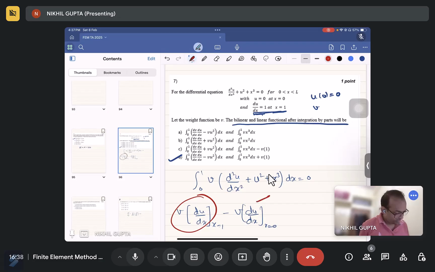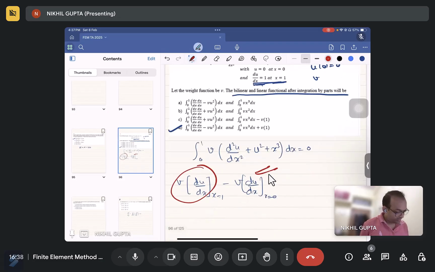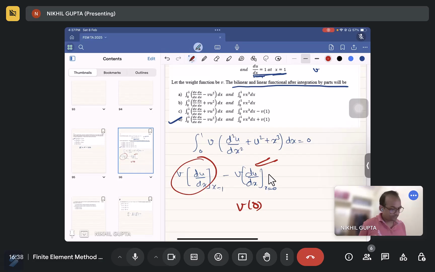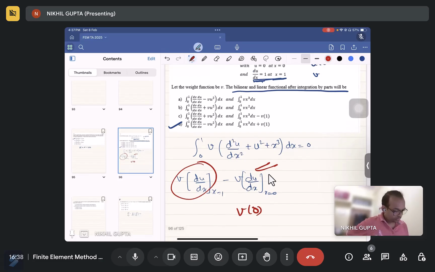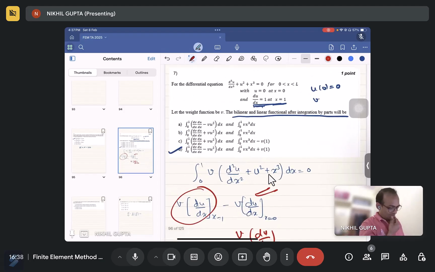You are worrying about this now. So you are getting w(0) times du by dx at x equals 0. It's not given. How is this becoming 0?